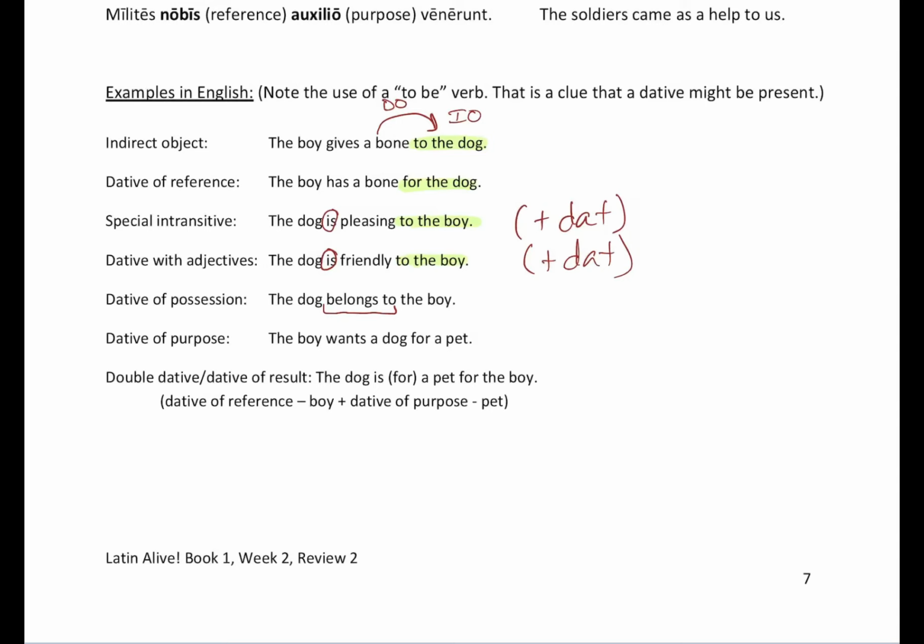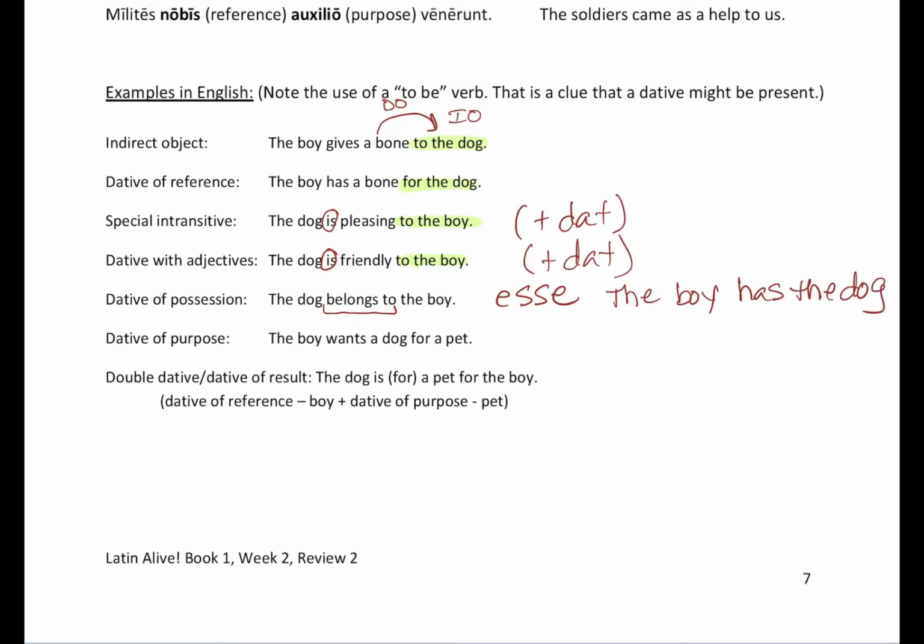So dative of possession. Remember, we had genitive of possession that expresses ownership or belonging, but we also had dative of possession. It can also show ownership, but instead when we had a form of esse, it can be translated as to belong to, or you could say, we could take the boy and say the boy has the dog.